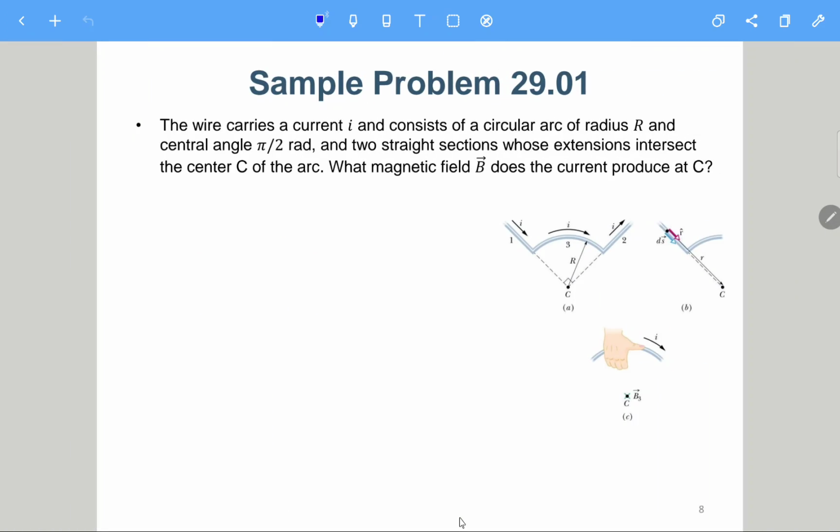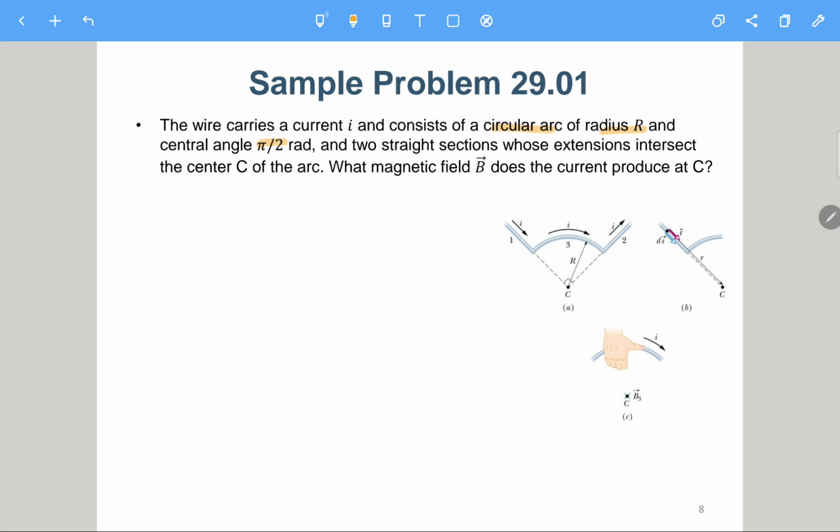Okay, so let's take a look at the sample problem. Here we have a wire carrying a current I, and it consists of a circular arc of radius r, with central angle pi over 2 radian, and two straight sections whose extensions intersect the center C of the arc.